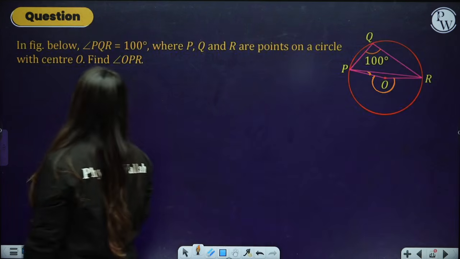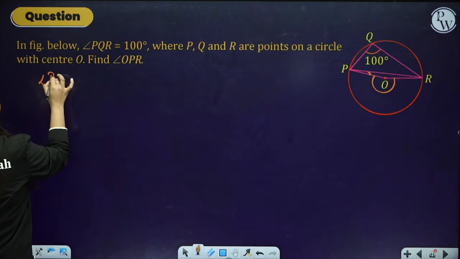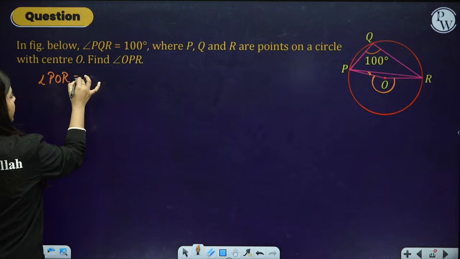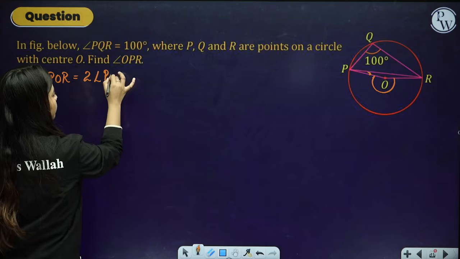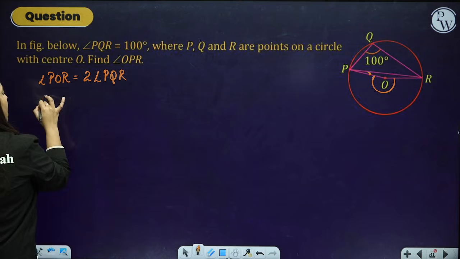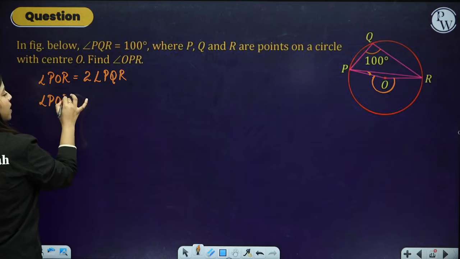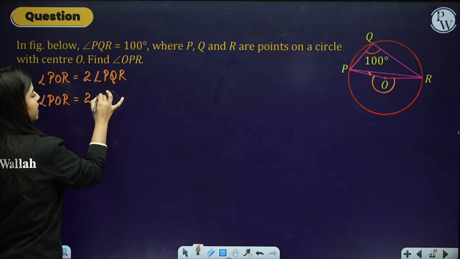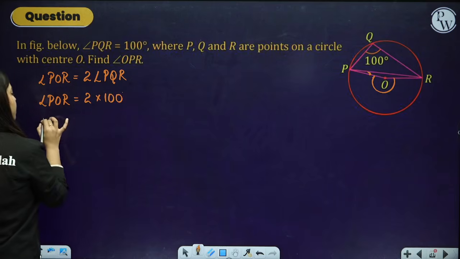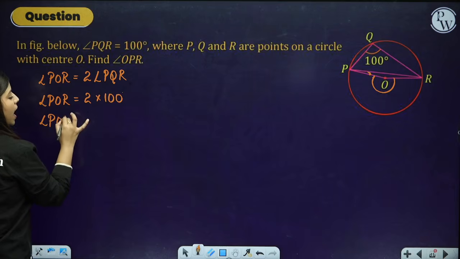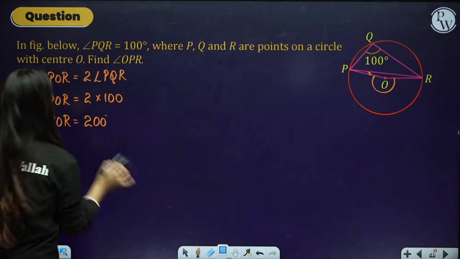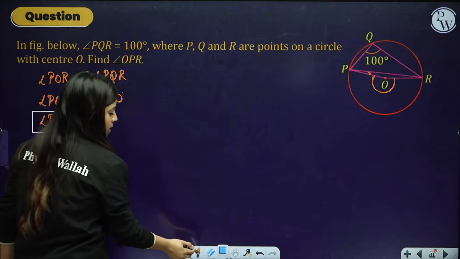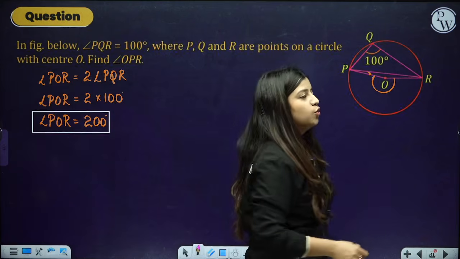So angle POR is equivalent to double angle PQR, which is twice 100 degrees. So angle POR will be 200 degrees, the very first thing we have got in this question.